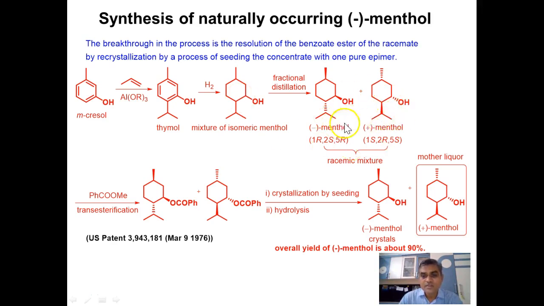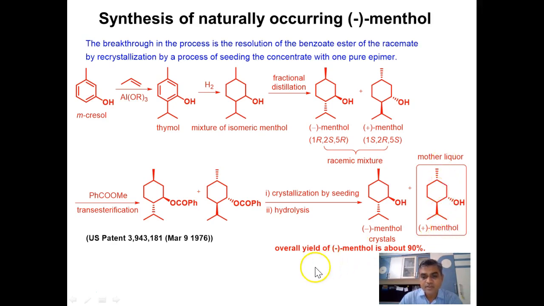Now these two are separated by simple reactions. Transesterification is carried out, and we get these two again. These two were separated by adding a pure form of one of the isomers, which is called crystallization by seeding. Then (−)-menthol, the levomenthol, crystallizes out, whereas the (+)-menthol remains in the flask, in the mother liquor.